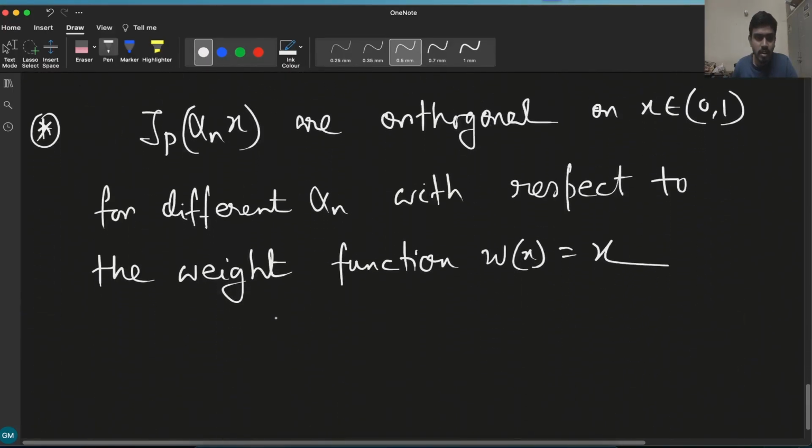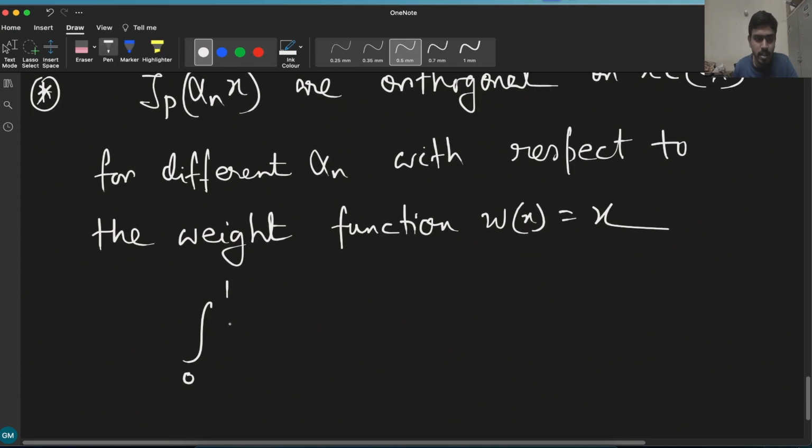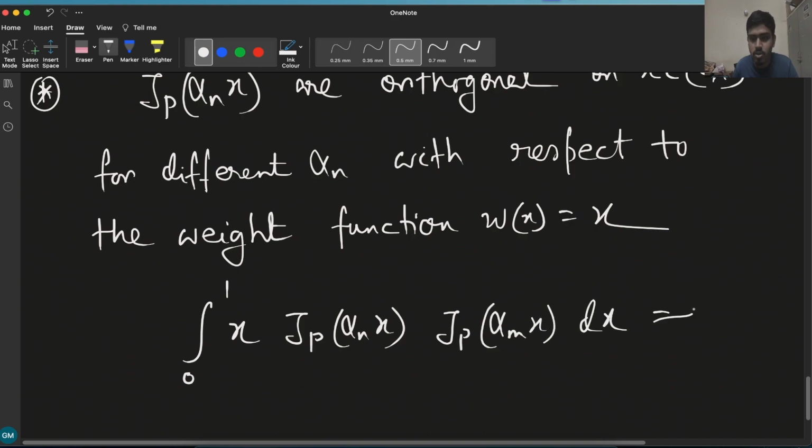So this is what it means: the integral of x Jp(alpha n x) Jp(alpha m x) dx equals 0 for m not equal to n.